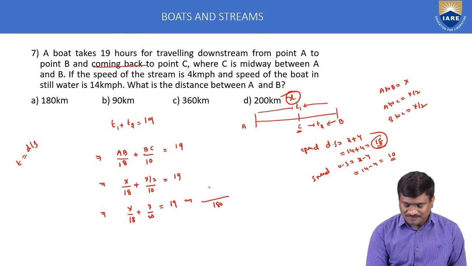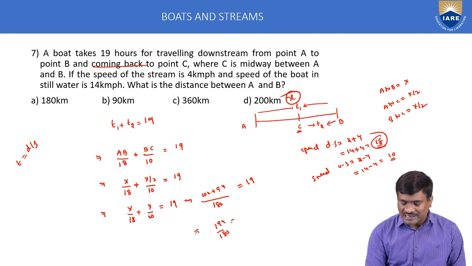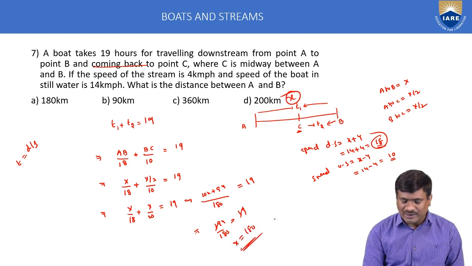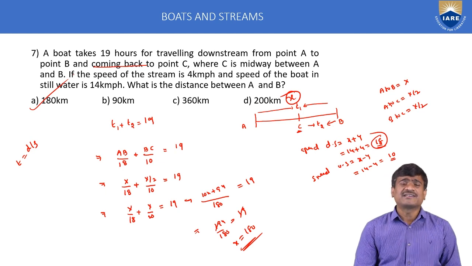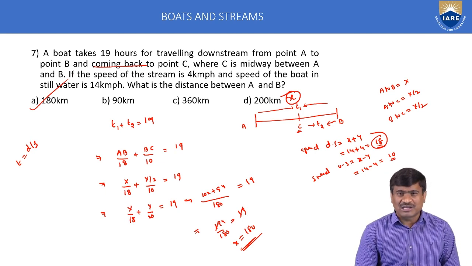The numerator 10x plus 9x by 180 is equal to 19. The next 19x by 180 is equal to 19. 19 cancel, x is equal to 180 kilometers. Option A only correct. X is nothing but the distance between A and B is 180 kilometers.